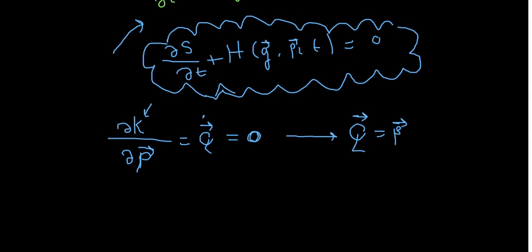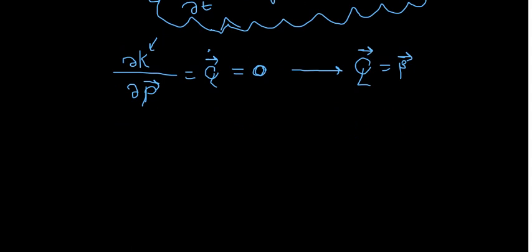Okay, let's write down the other Hamilton's equation. Partial K, partial Q, the vector Q capital, equals minus the vector P capital dot, right? For the same reason, this K is equal to 0, which means that this vector P dot is equal to 0 as well.